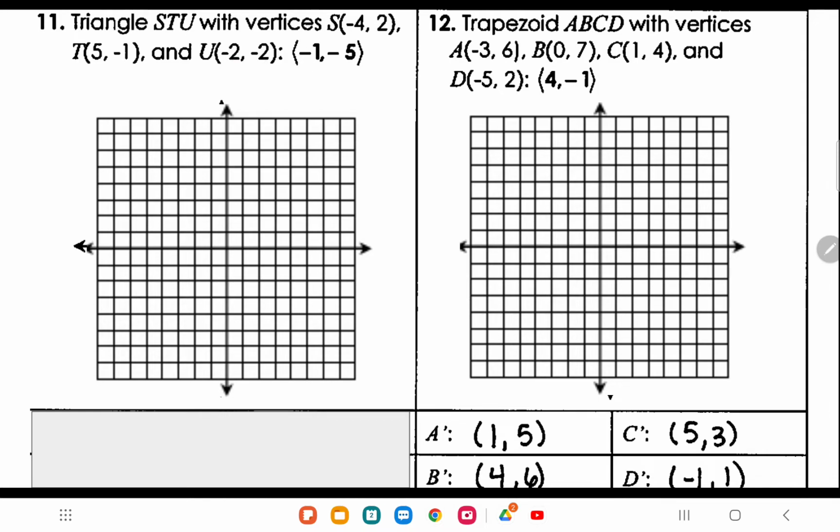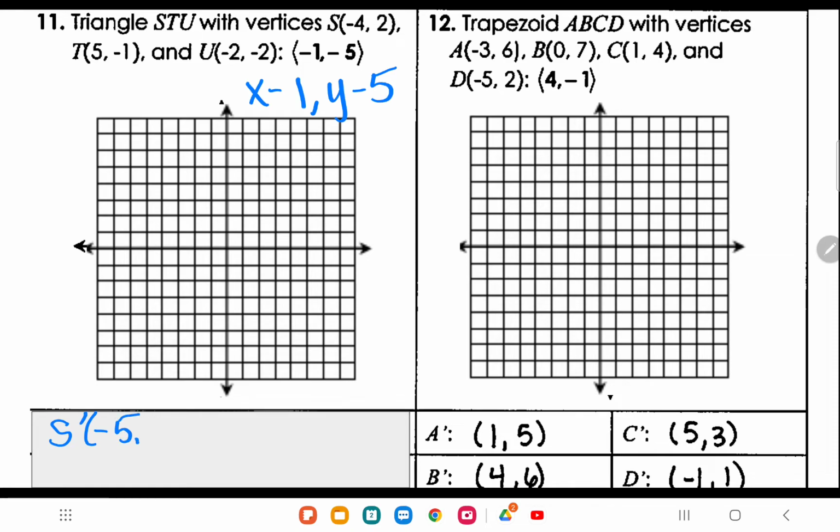We're going to translate that according to the vector ⟨-1, -5⟩. That is the same as having the coordinate form (x - 1, y - 5). So for this, we'll just subtract 1 and subtract 5, respectively, from the x and the y coordinates.